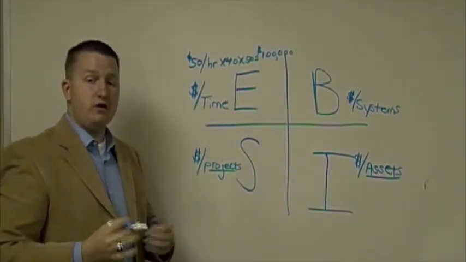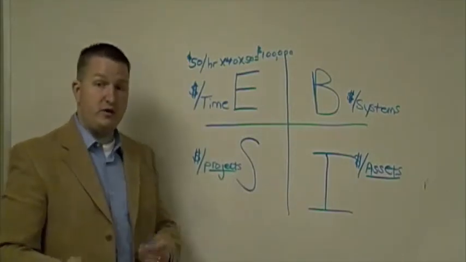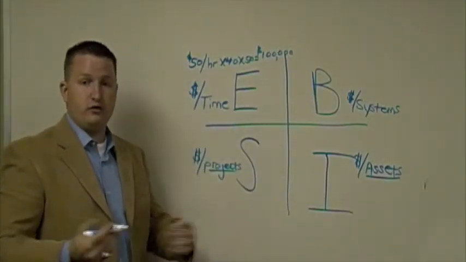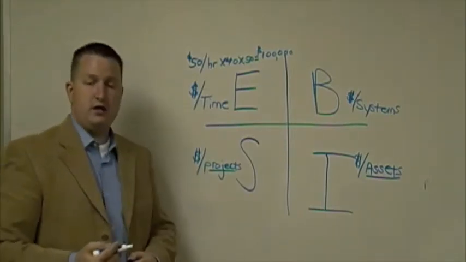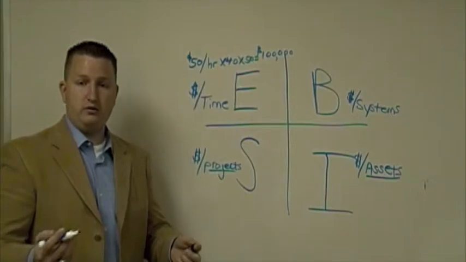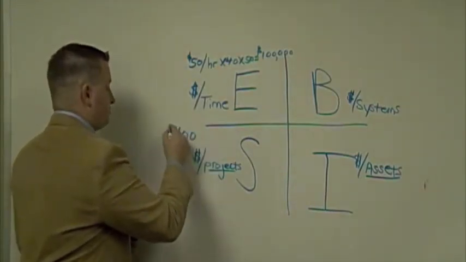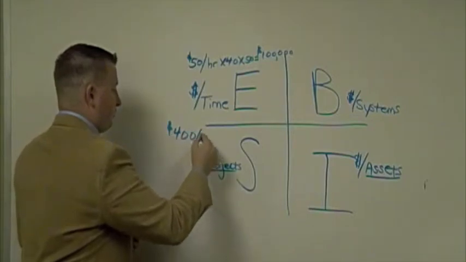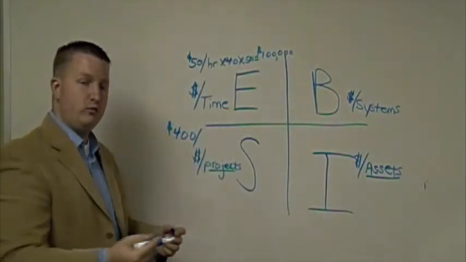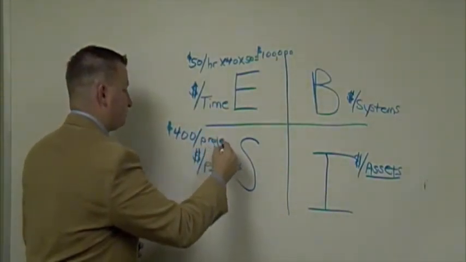That's a very, very good paying job. And it goes from $50 an hour all the way down to minimum wage that employees get paid for their time. Now, projects. Let's say that you're an attorney and you're doing a project, or you're an accountant. You might get paid $400 to prepare somebody's tax return. Or if you're a mechanic, you might get paid $300 to do a brake project. So they get paid by the project.